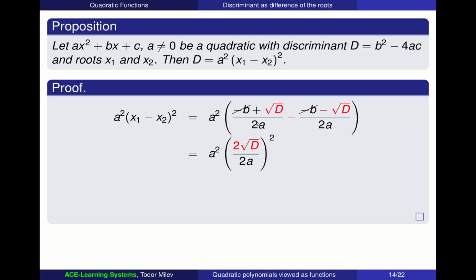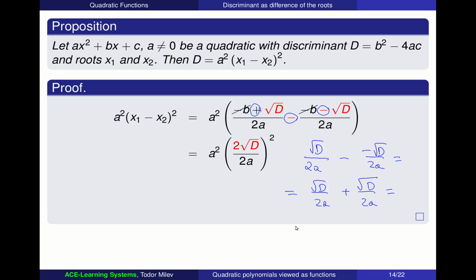Now, here I'm having plus radical of d minus radical of d. Minus with minus gives me plus. So I'm having radical of d over 2a plus radical of d over 2a.